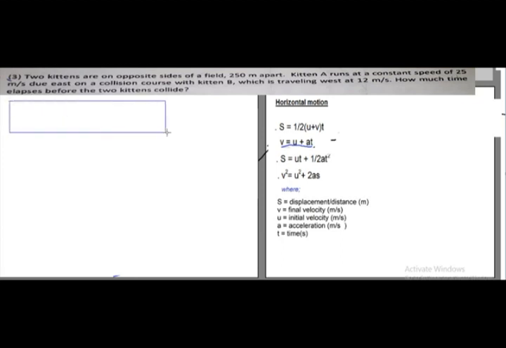Now that's the field, that's kitten A, and that's kitten B. Kitten A runs at a constant speed of 25 meters per second, and kitten B runs at 12 meters per second.